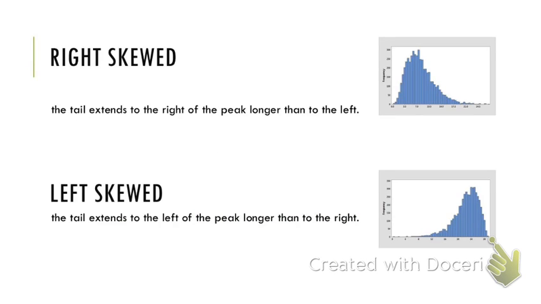Also, there is a skewed shape. A right skew means that the tail is on the right. The tail always follows the skew. And then a left skew means the tail is on the left.